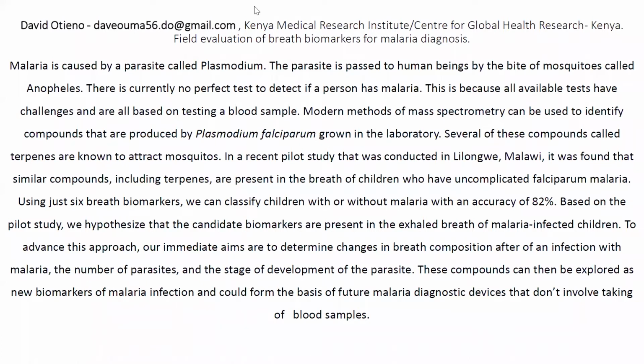We found significant increases in monoterpenes, including alpha-pinene, in children with malaria. Monoterpene abundance was highly specific, up to 94% specificity for malaria infection. These findings strongly suggest that volatile compounds observed in vitro are likely to have in vivo breath correlates.